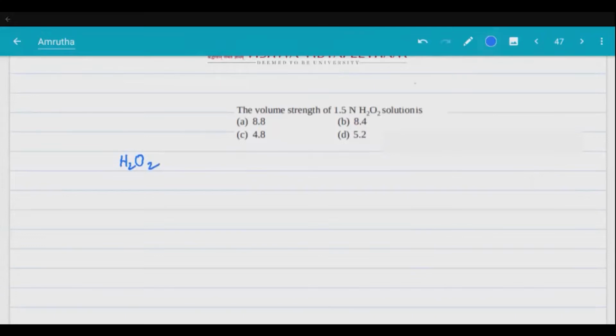Hydrogen peroxide, anybody knows? In daily life, do we use this chemical? Yes, it is used in hair bleach. A very important chemical in hair bleach is hydrogen peroxide, and in ear cleaner also.